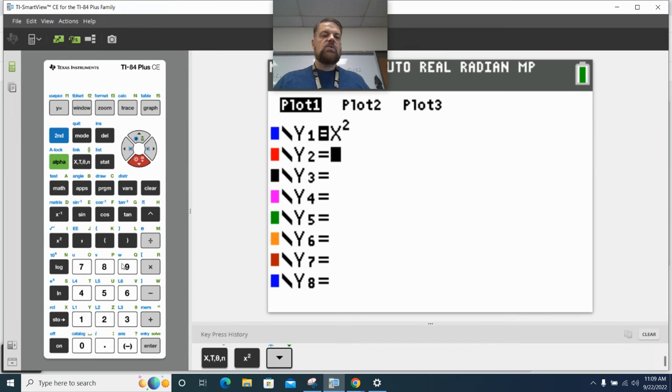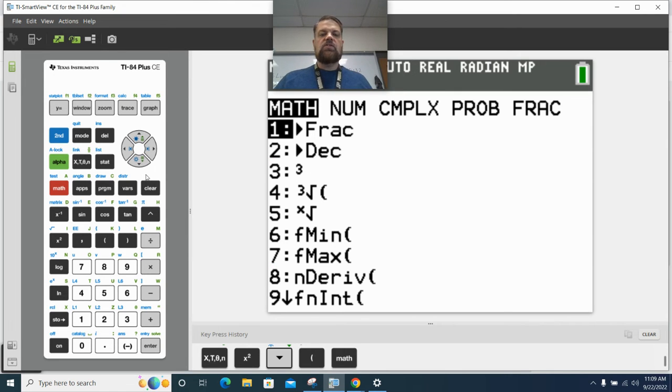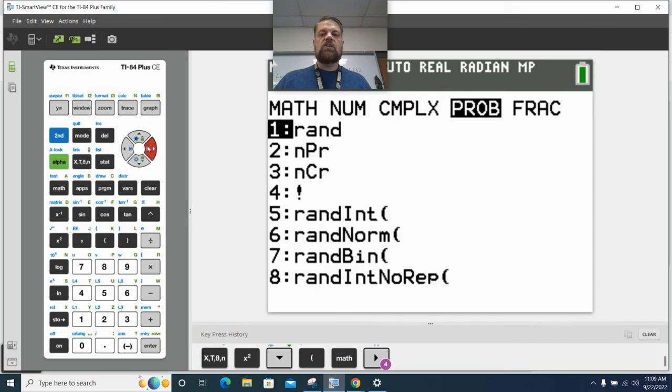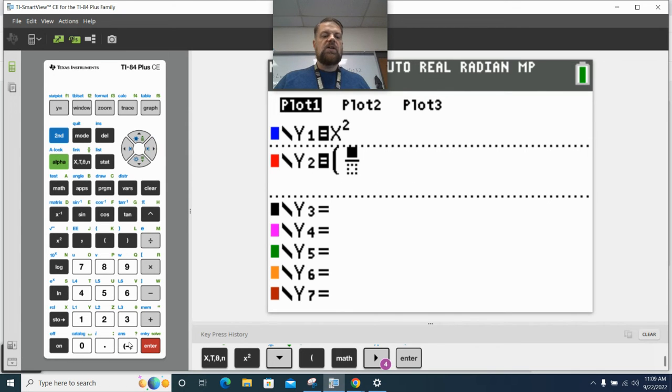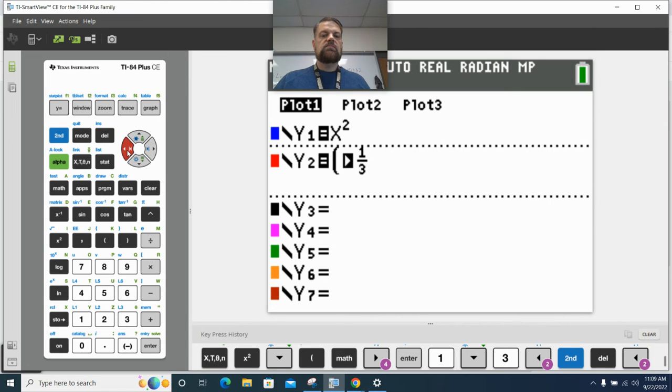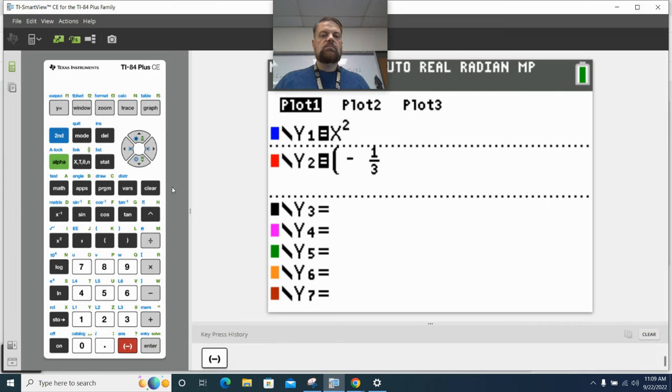The next one I'm going to put in parentheses. Remember, if you want to enter a fraction, you can hit the math menu and go over to fraction. Choose the first option. I'm going to put 1 over 3, but I just remembered that I've got to make that negative, so I'm going to insert that. Where do you get the fraction?